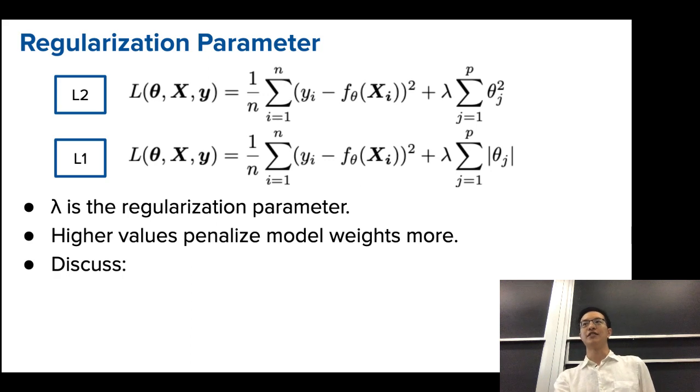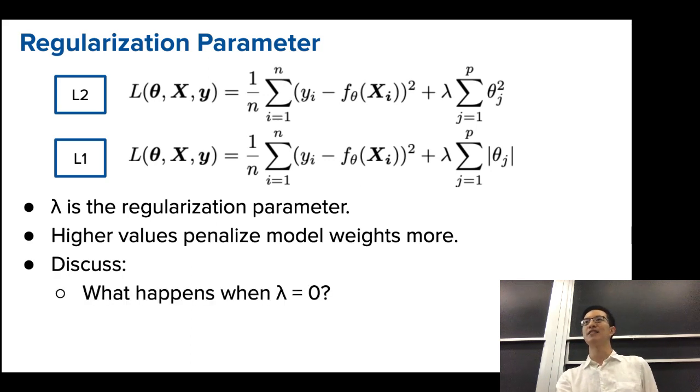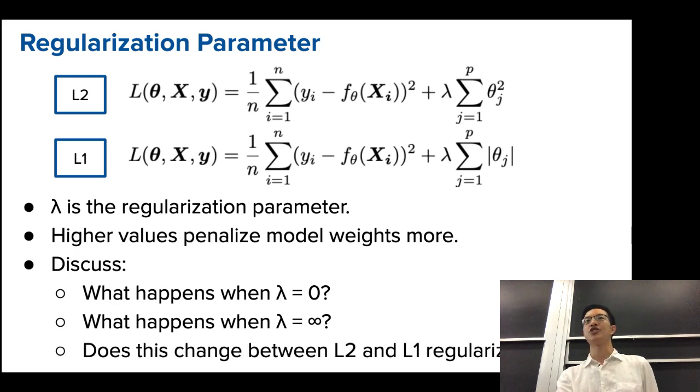What I want you to discuss is what happens if lambda equals 0, what happens when lambda equals infinity, and does this change between L2 and L1 regularization? Questions like these are super fair game exam questions. I could ask you these straight up as multiple choice, and you should be able to answer. Think about it and discuss it with your neighbor for 2 minutes.